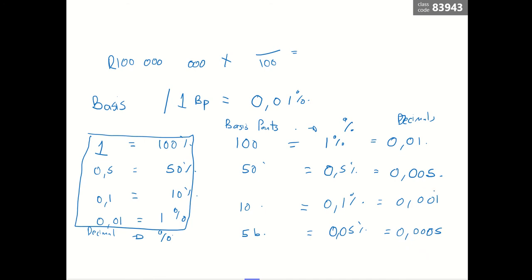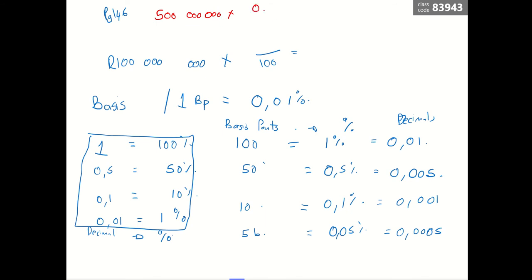So if you look at the example on page 146, they tell us here that an investment manager has a portfolio of assets of US dollar 500 million, and the custodian charges us a 1 basis point fee.